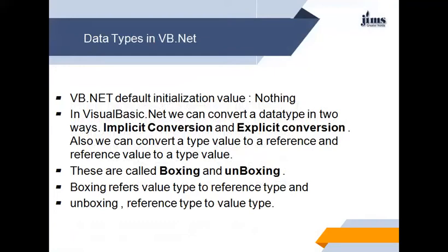In Visual Basic.NET, we can convert a data type in two ways: one is called implicit conversion and the other is called explicit conversion. Also, we can convert a value type to a reference type and a reference type to a value type. When we convert a value type to a reference type, this is called boxing.